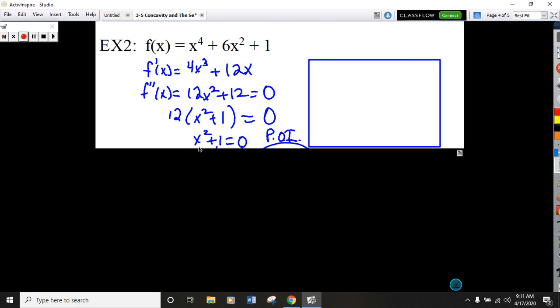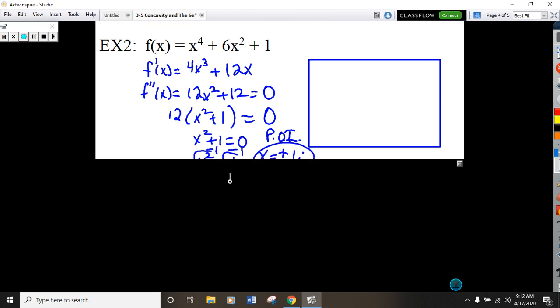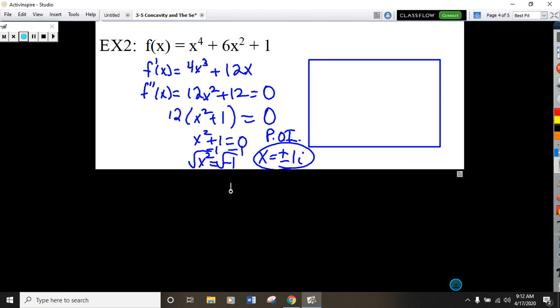So then with our second part, we're going to take x squared plus 1 and set that equal to 0 to find our point of inflection. So I subtracted 1 and then took the square root. One thing you have to remember whenever you take the square root is that we always include plus and minus. Now when I subtract 1, notice it's negative.